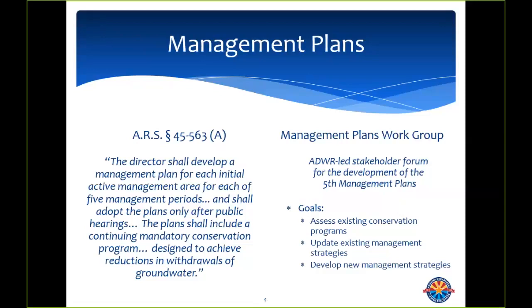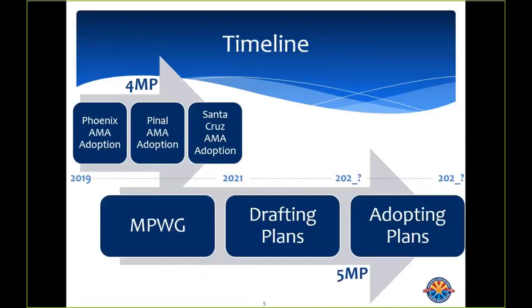So we have also heard some confusion, some feedback about pace and timeline with both the 4th and 5th management plans, so I did want to take a second to clarify that just a little bit. The department is working to adopt the remaining 4th management plans in the next 2 years. So kind of concurrently with that, we wanted to start some of the research process associated with the 5th management plans.